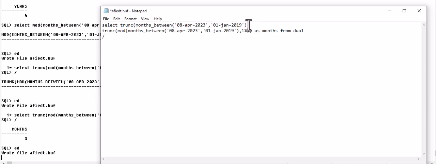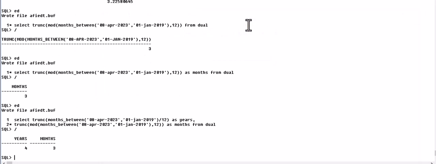It will calculate the months, then divide by 12 and take the TRUNC as years, comma, then the rest of the portion is for months. So the total is 4 years and 3 months. So this was all about the MONTHS_BETWEEN function.